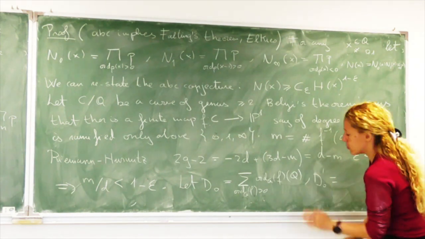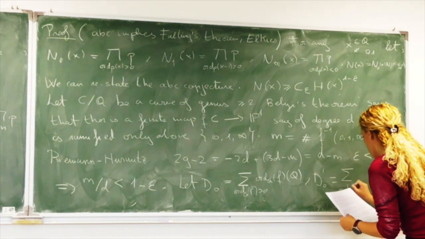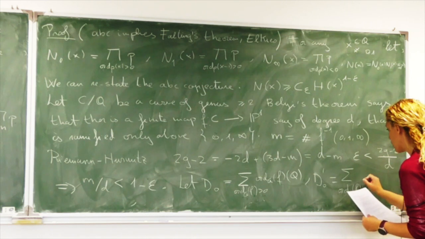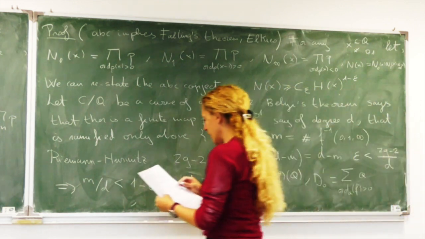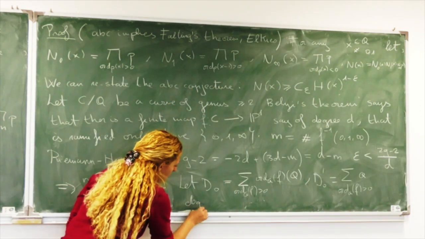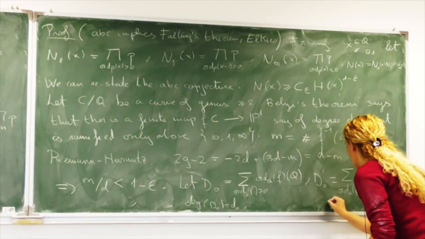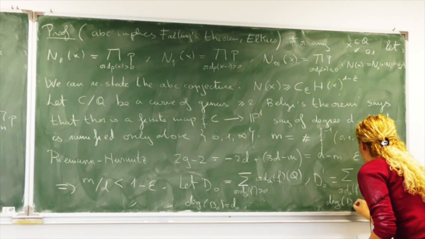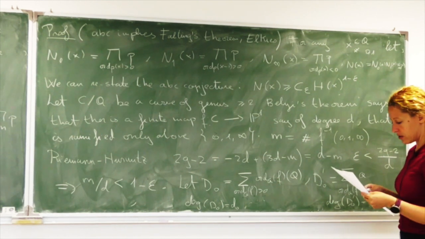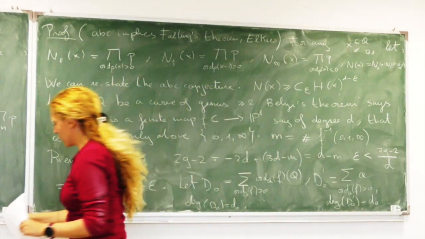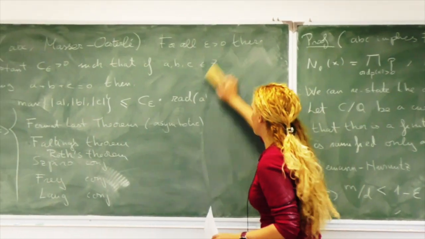So I'm only taking the points. So I take this equal to the sum over the points where the order at Q of f is greater than 0 of Q. I take these two divisors and I call the degree of D0 equal to d0 and the degree of D0 prime equal to a small d0 prime. Okay? This is a little bit of notation. So I continue. We are going to have a proof, but we need some work to get the proof.